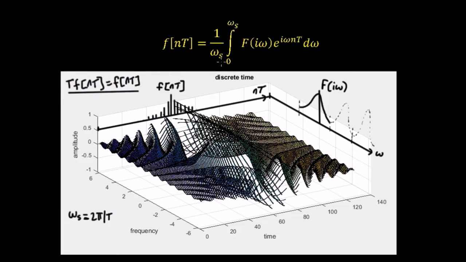Now there's one other thing that we need to take care of here. Whenever we integrate in this direction, we're still going to have the function here, which is a continuous function, and we need to change it into a discrete function. Now the normal Fourier transform, when we did the inverse transform, would be given by the integral multiplied by 1 upon 2π.